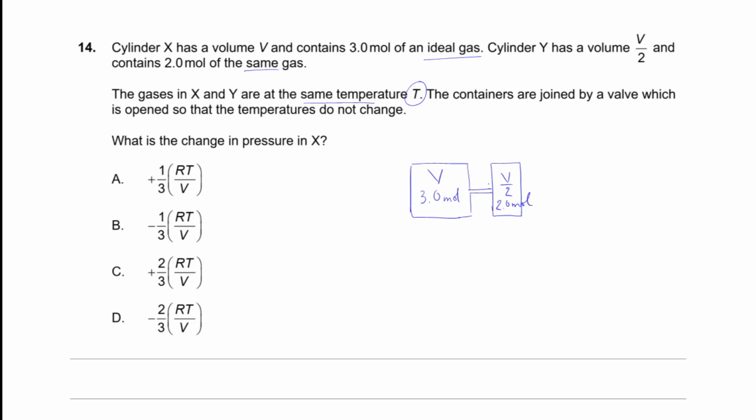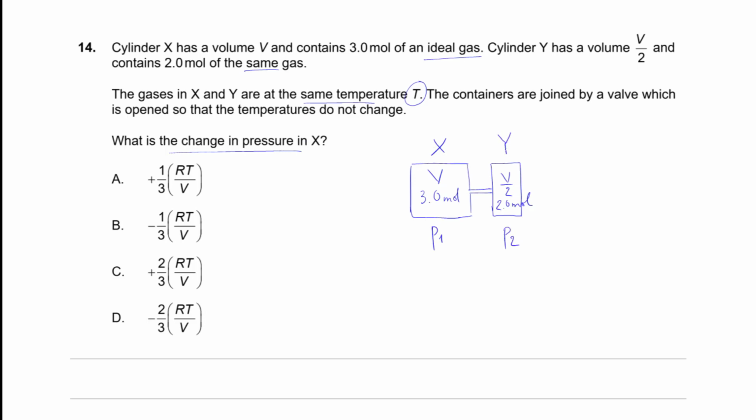They open the valve so that the gas can move from one container to the other and mix together and become one amount of gas with the same pressure in both containers. So in order to find the change in pressure in X, we call P1 the initial pressure of 3 moles of gas in the first container X, and P2 the pressure in the second container Y.